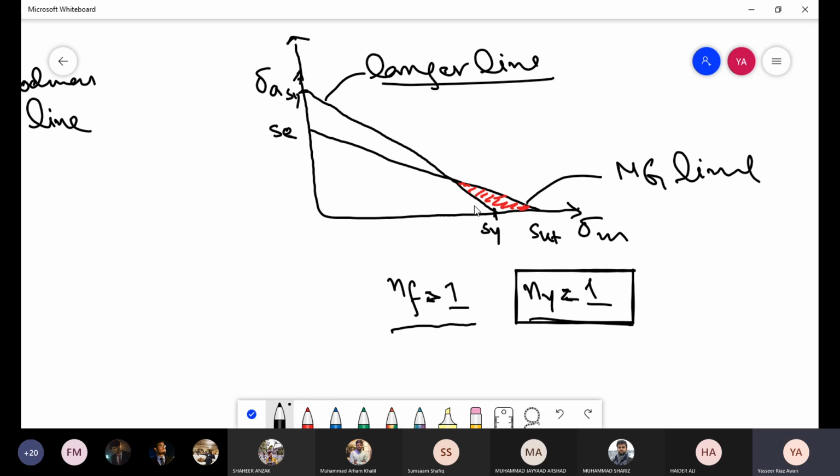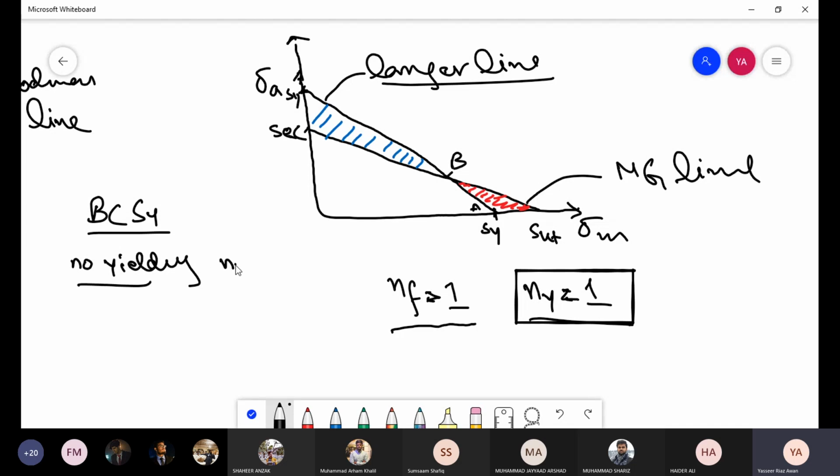Just to reiterate, this is point A, this is point maybe B and C. In this region that I have delineated by blue color, B, C, S, Y, I can say, according to this figure, you would have no yielding, but also no infinite life.